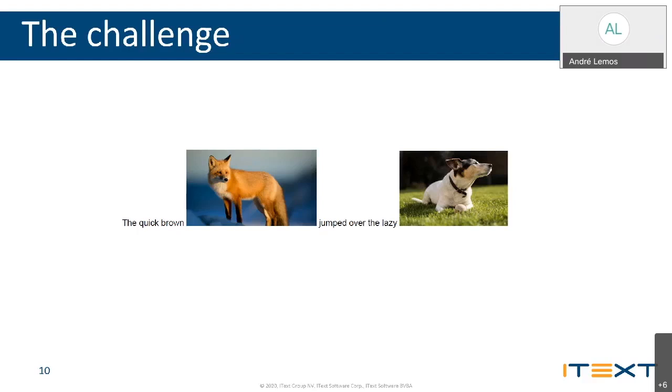Go ahead, think of a letter, it will be there. Y, okay, Y is there. D, D is there in jumped. Think of a letter and it's going to be in there.